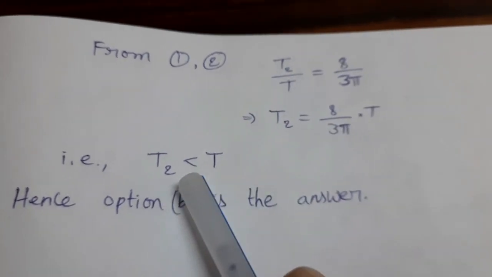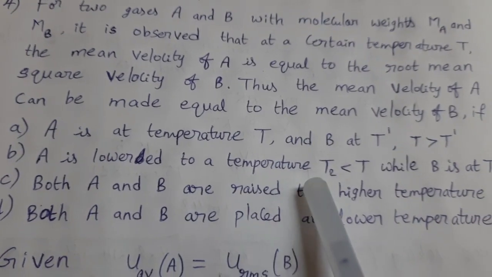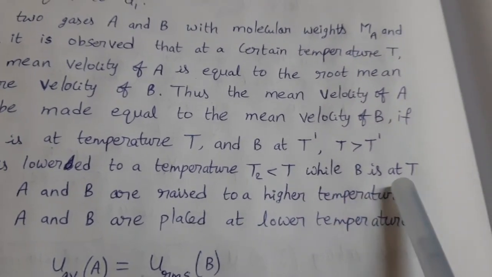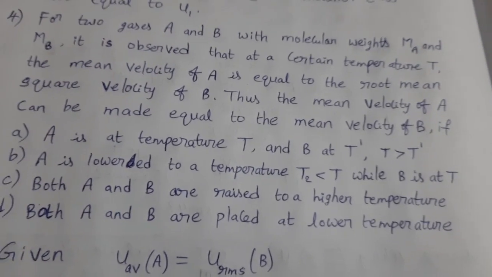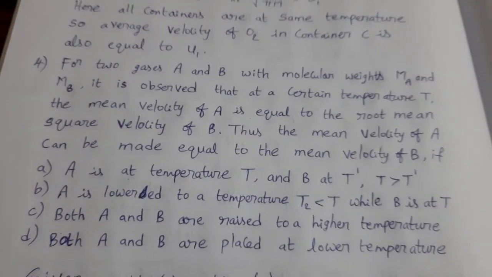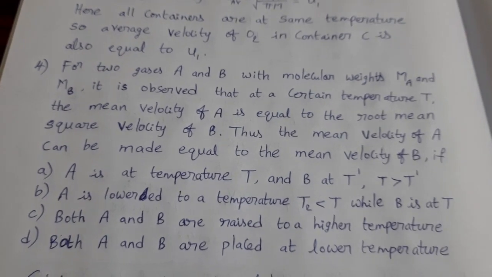So, T2 is less than T. That means A is lowered to a temperature T2 which is less than T, while B is at T. In that condition, the mean velocity of A is equal to the mean velocity of B. Hence, option B is the correct answer for this question.